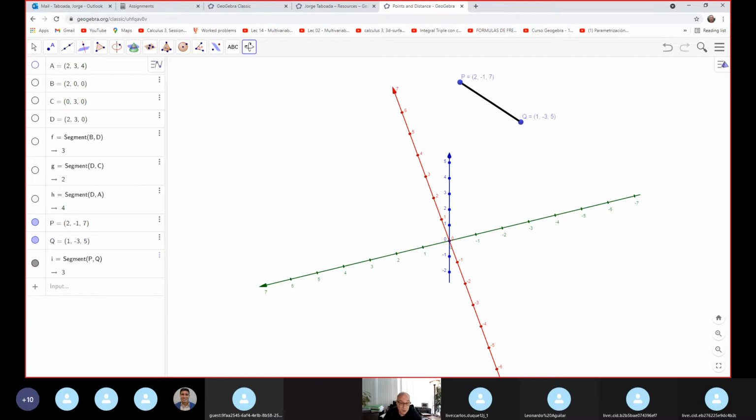The distance is the radius. So if you want to eliminate the square root, you square both sides. r squared is equal to x minus h squared plus y minus k squared plus z minus l squared. And the coordinate of the center is h comma k comma l. And this is the equation of the sphere expressed in standard form.